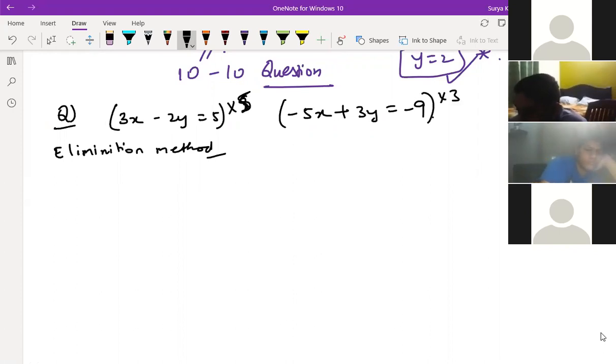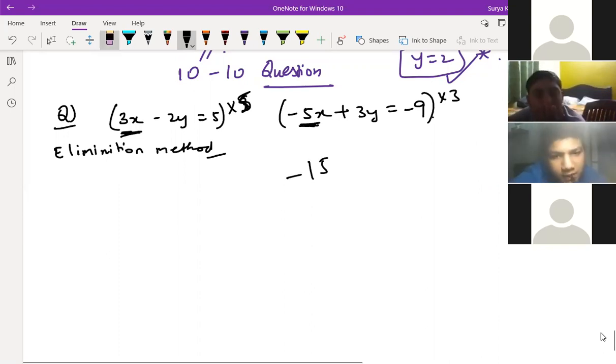This is the correct way, because Sahil wants to match x only. So in the second equation, you have to multiply by -3, right? No, it's not exactly the same, Nihar. Just simply match 15x, 15x. Don't bother about the sign, it does not matter. Sir, in this case it does matter, it's not 5, it's -5. Sign does not matter in this case.